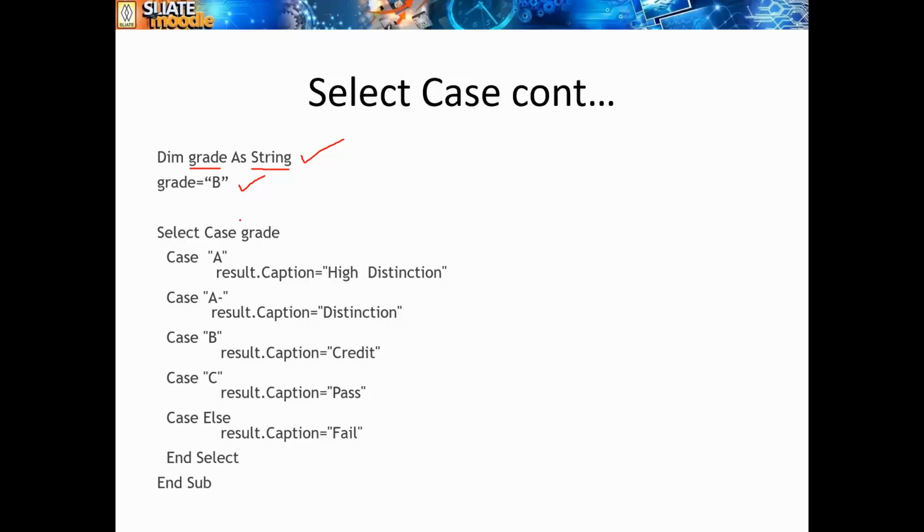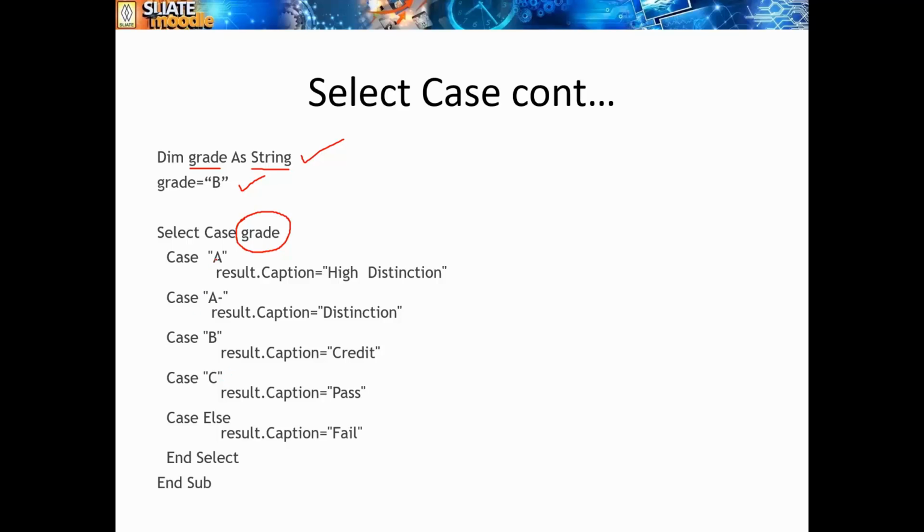And here we are going to check what kind of options we can have for this grade variable. And in here we have a number of options. Sometimes this grade value can be A. Sometimes it can be A minus, B, C, or anything other than these four, right?